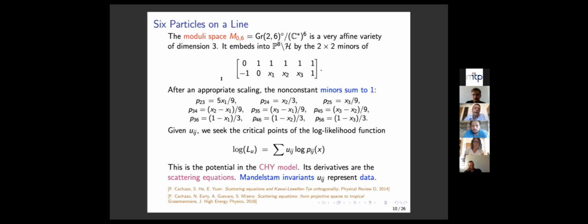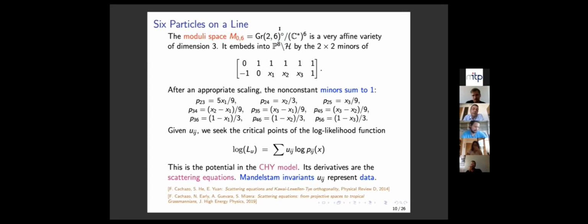Now, a convenient way to think about this open, non-compact variety is to take the Grassmannian G(2,6). So open means I take the points on this 8-dimensional Grassmannian where all Plücker coordinates are non-zero, all 15 of them.